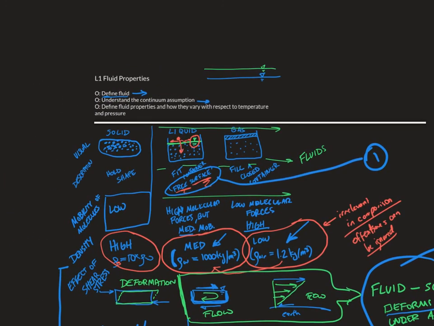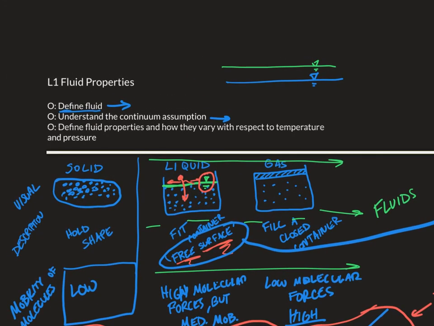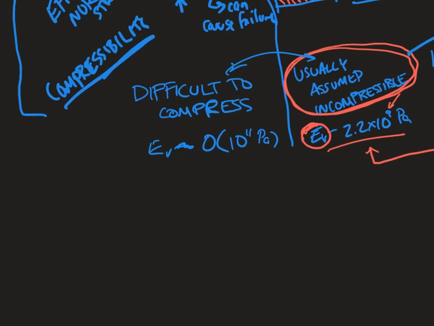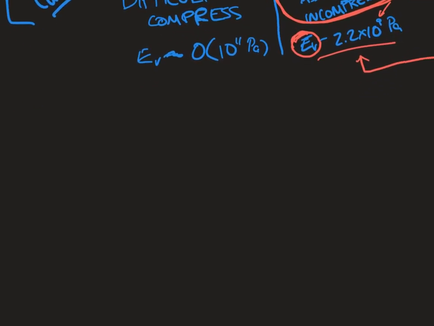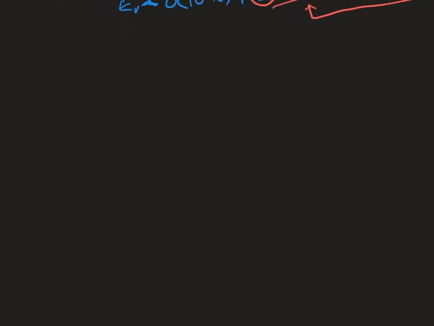Okay, so now we're going to start talking about the fluid properties and how they vary with respect to temperature and pressure. So that's this third objective, fluid properties. Okay, so I'm going to zoom down here. Before we really get into them, I'm going to divide these into two main types of fluid properties: extensive and intensive.